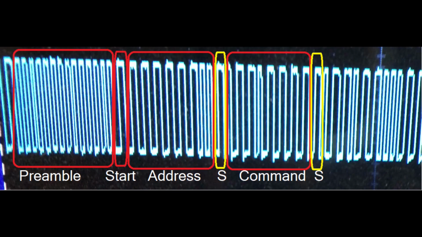So what we've covered through this discussion of the DCC packet has been these 4 parts of the packet: the preamble, the start bit, the address, and the command. The yellow circled areas are the spacers; as I mentioned, there's a 0 space placed between every 8-bit grouping.